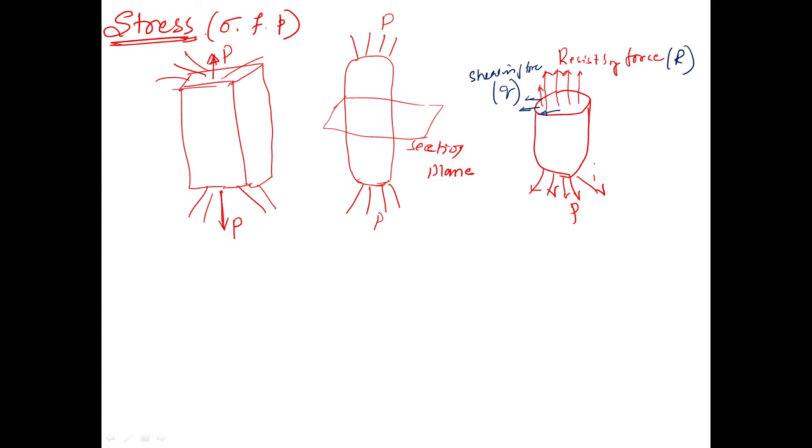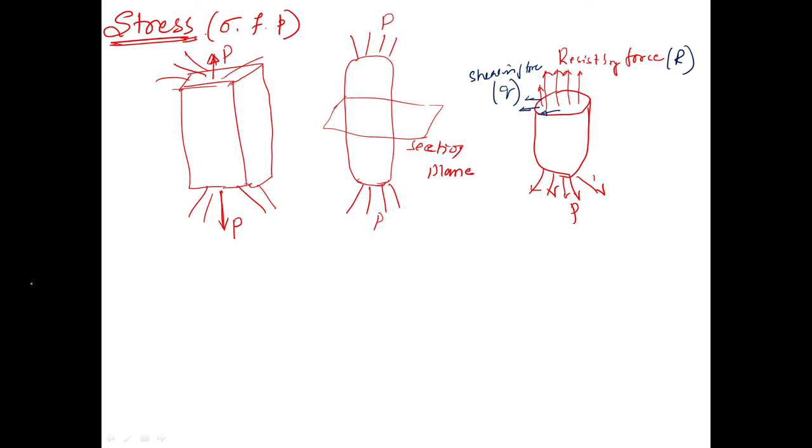So you can simply say stress is defined as the resistance offered by a body against the deformation per unit area. In practice, this intensity of stress is called stress only.